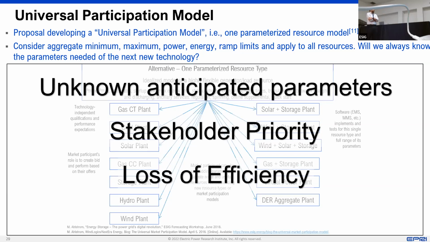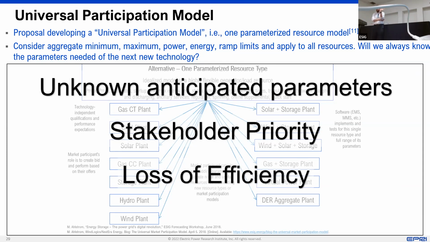There are, of course, potential challenges. One being we might not necessarily know all of what the parameters of a new technology might be. Things like long duration storage, hydrogen. What are the parameters associated with that? Would that fit with this universal model?